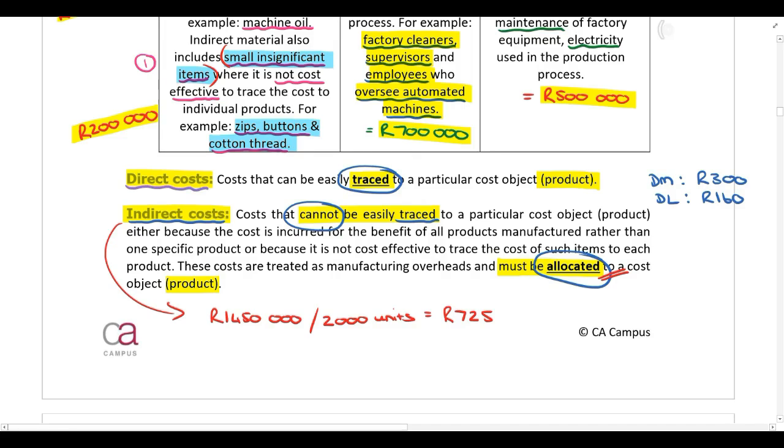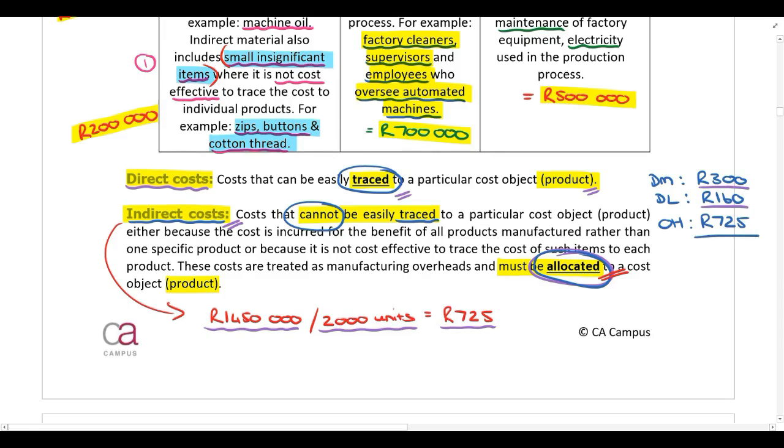So direct costs can be traced to a particular product. We know exactly what it costs to make one unit. On the other hand, indirect costs need to be allocated to the product. So we take the total indirect cost for the year, we divide by the number of units, and we allocate the cost. So for our manufacturing overheads, we are going to allocate a cost of 725 Rand per unit.